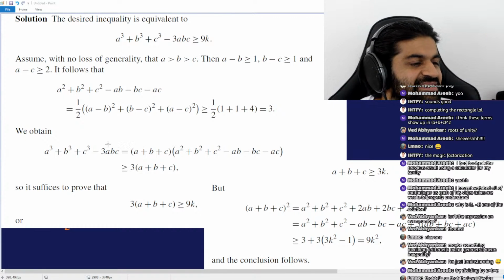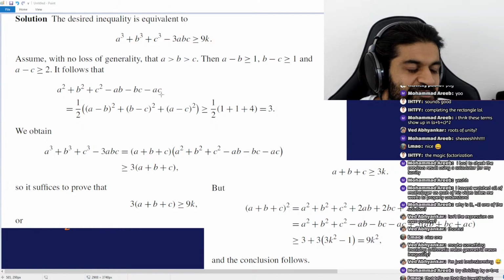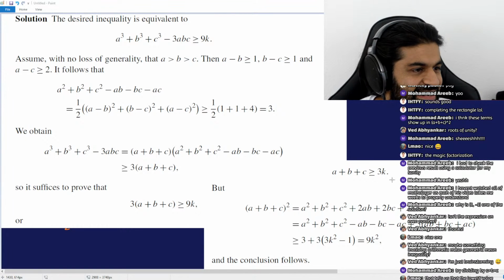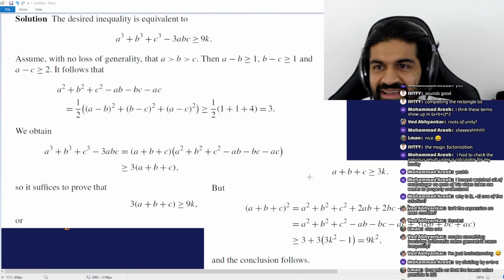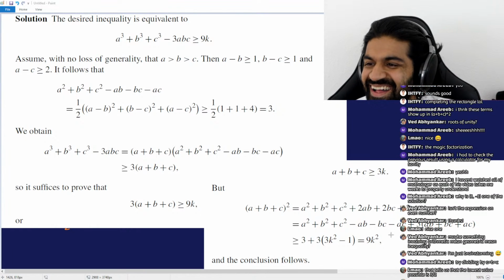So all you really need to show is that 3 times (a plus b plus c) is greater than or equal to 9k, which is the same as showing that a plus b plus c is greater than or equal to 3k, right? And then you can square both sides and you're done.